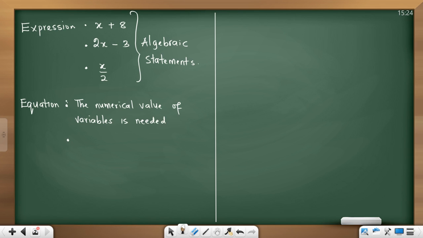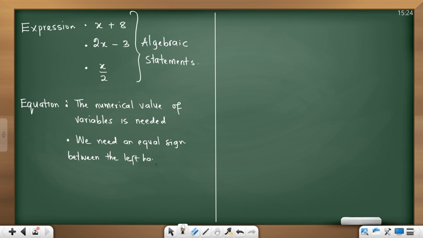All right, point 1. Point number 2, we need an equal sign between the left side and the right hand side.